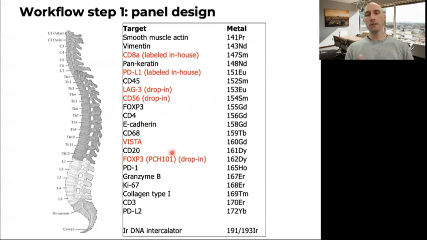And something you can do is, as you can see here, we had this CD8 labeling another channel, which was 162. So what you can do is just move things around, because we like another marker in 162. So what we did was get the purified CD8, the same clone, and then we used the labeling kits Fluidigm provides.